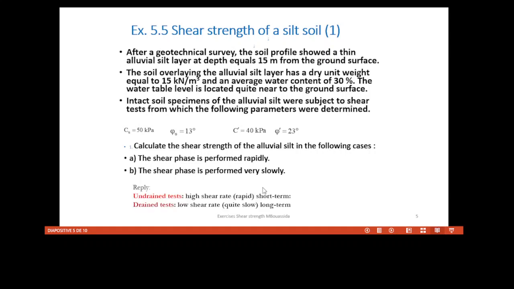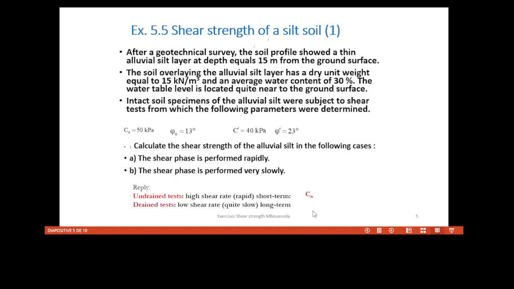As we know, when we do undrained tests, the rate of shear is high. That means the shear phase is performed rapidly, and this corresponds to the short-term behavior or failure behavior. Contrarily, when we do drained tests, the shear rate is quite slow, and the result obtained refers to the long-term shear strength.